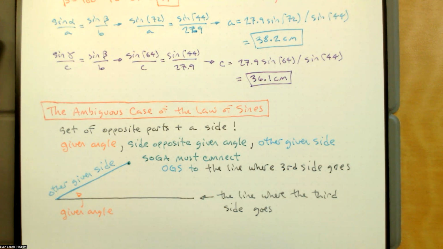There is a minimum height requirement to make a triangle. So the side opposite the given angle has to be able to clear this distance. There's a minimum value for the side opposite the given angle. If it is equal to that height, then we can have one triangle. But if it's less than that height, we will not get any triangles.